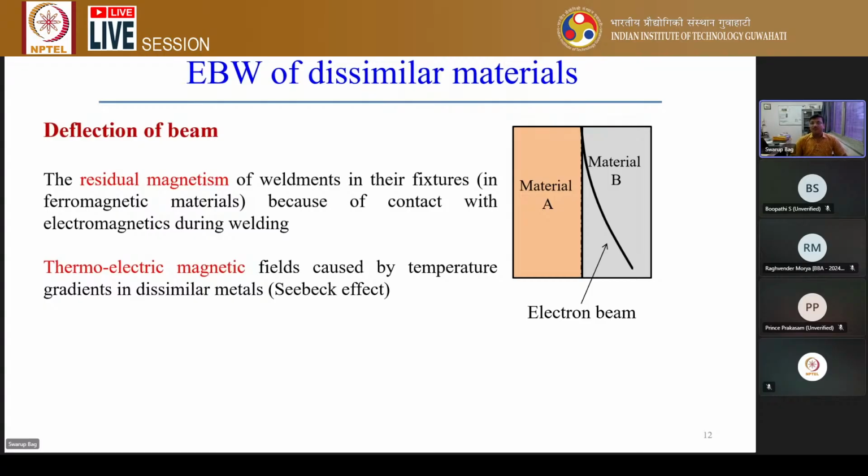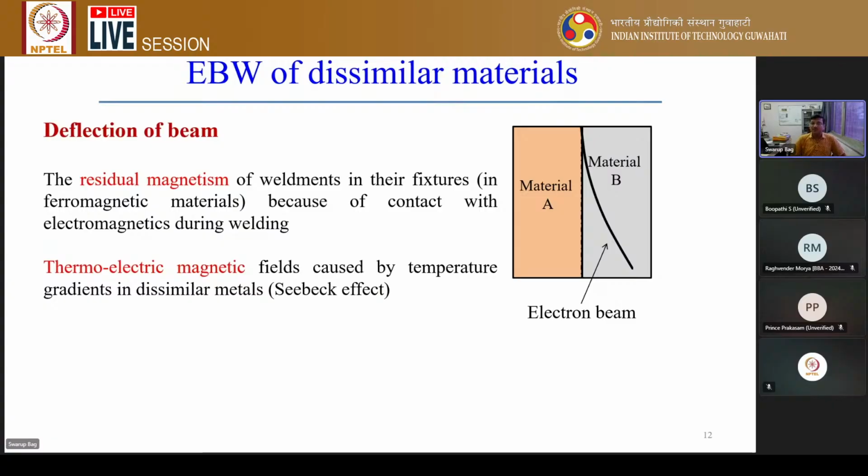When you perform the electron beam welding process, you focus the electron beam on the top exactly at the interface. Then what will happen is that up to a certain depth, the beam gets deflected towards one of the materials. Either it will be deflected towards material B or towards material A.